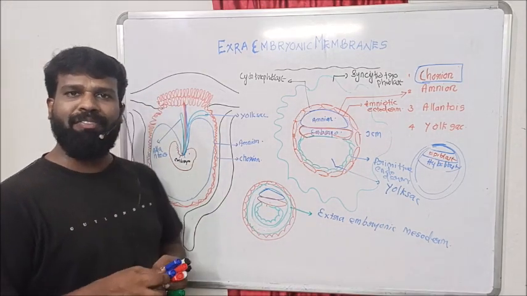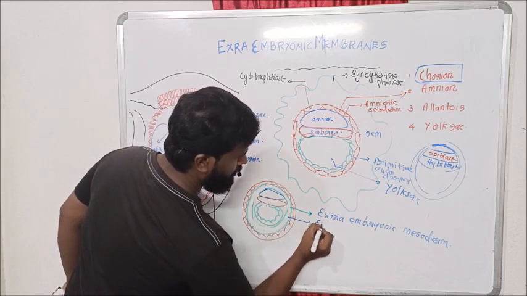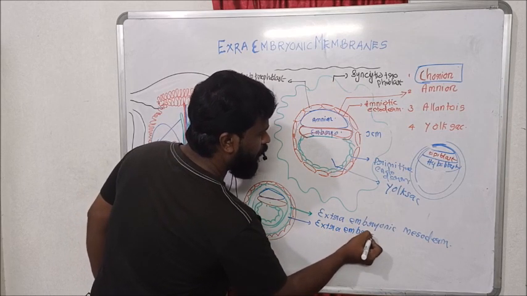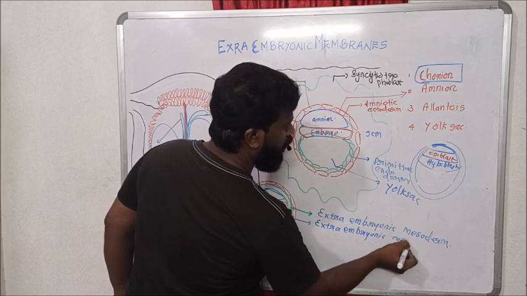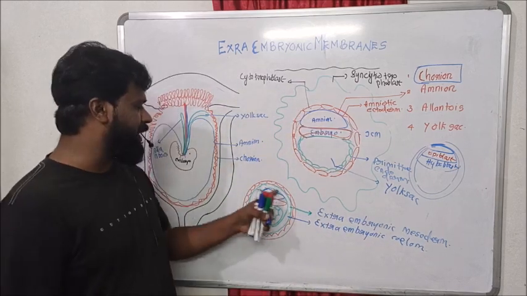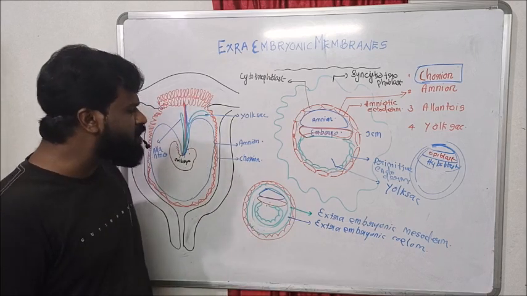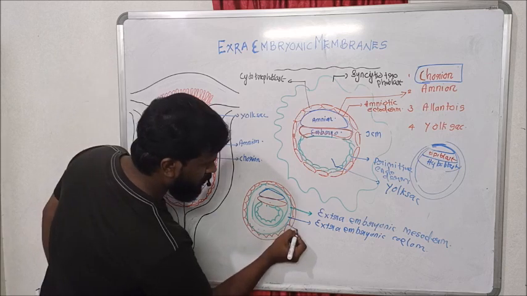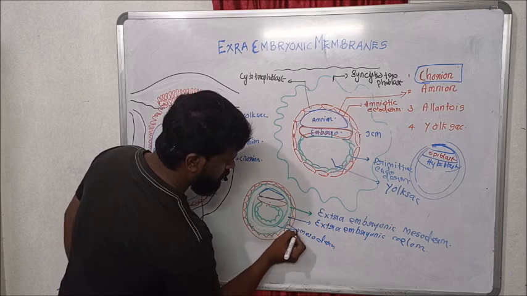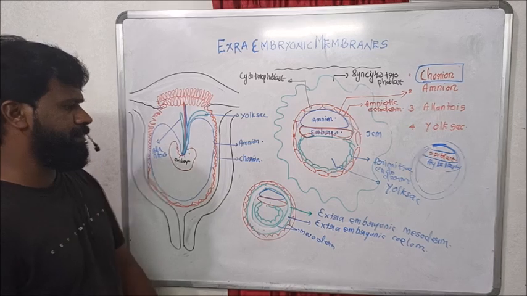This newly formed cavity is called the extraembryonic coelom. The extraembryonic coelom is formed here. The lining of this extraembryonic coelom is this mesoderm.